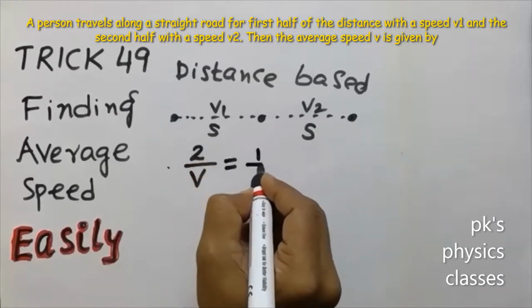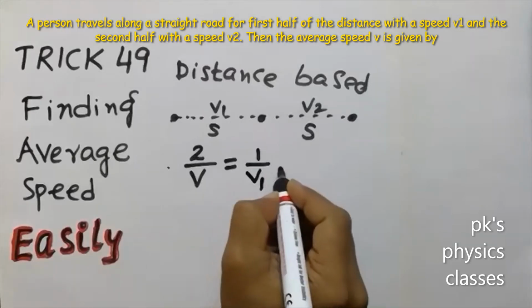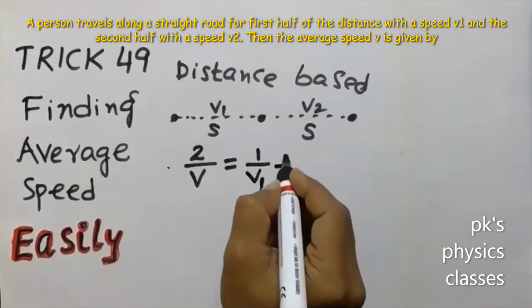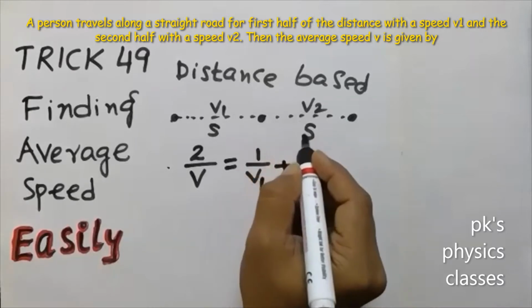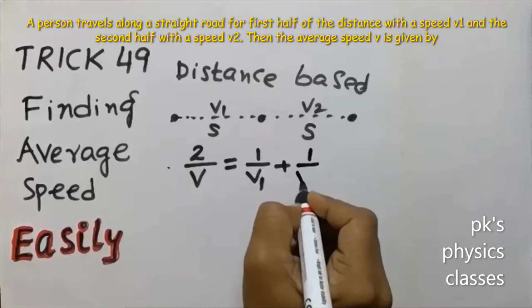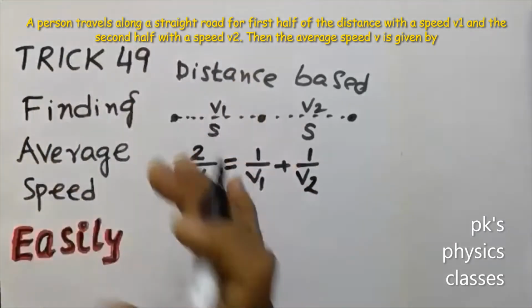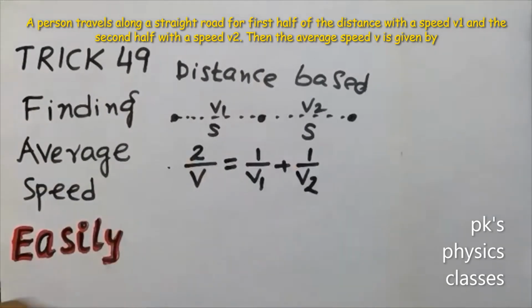One distance, 1s, of course, is covered with v1. Next s, the next half distance, s again, is covered with v2. So if you are able to write this, you will get the answer. This is the simplest one, but let me extend with other cases. I'll just go with 2-3 cases here.